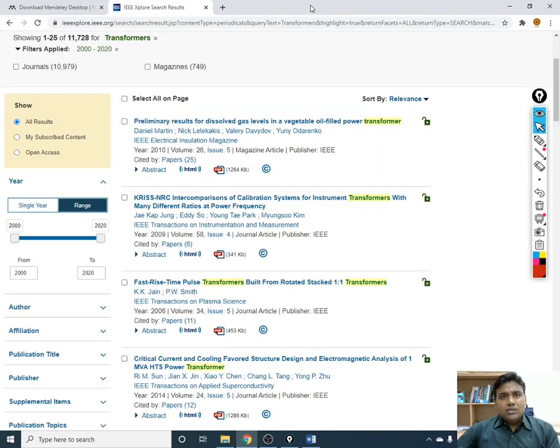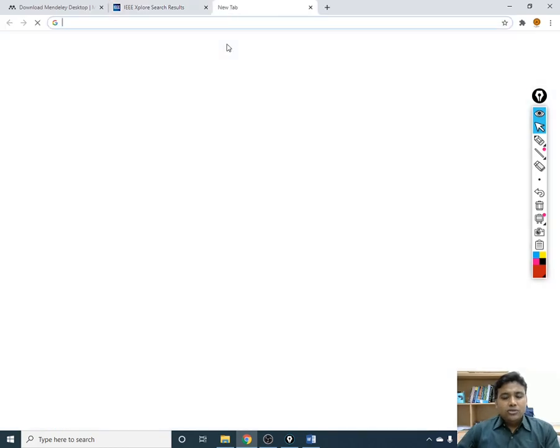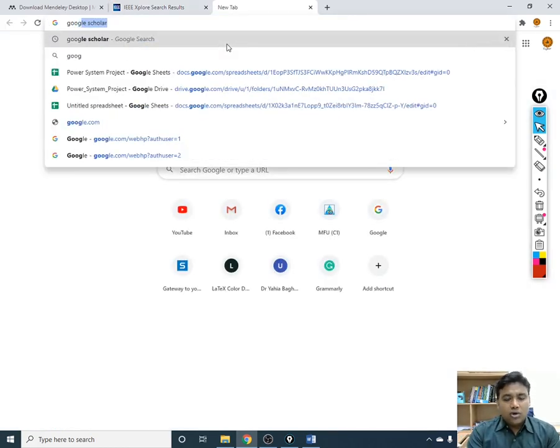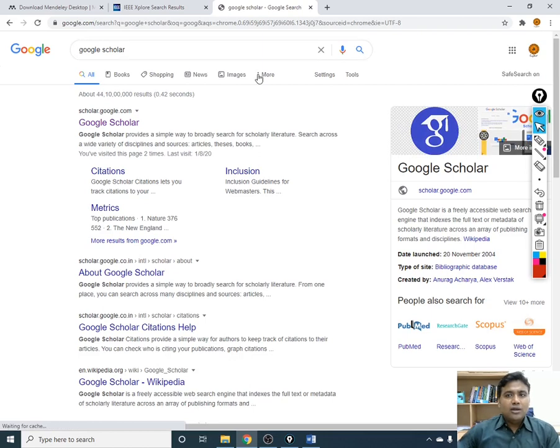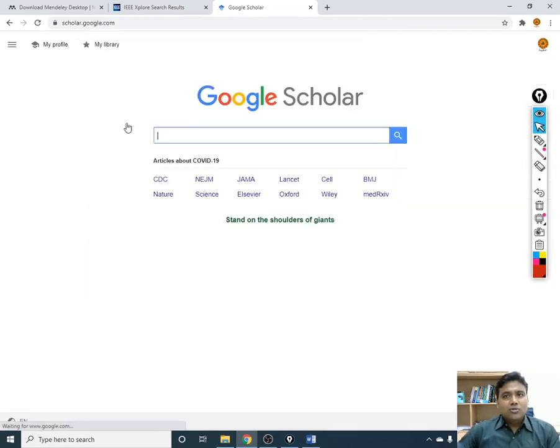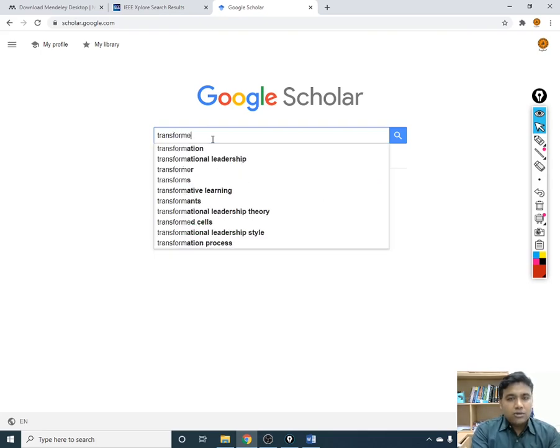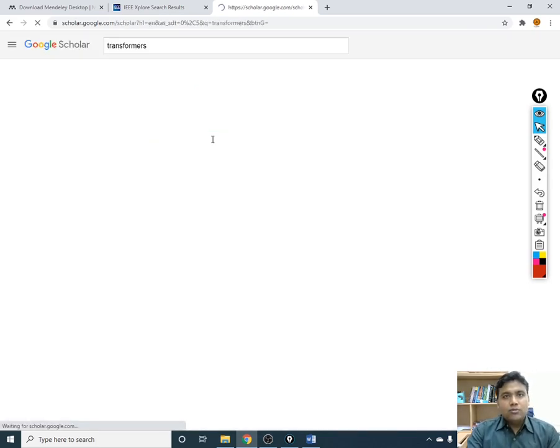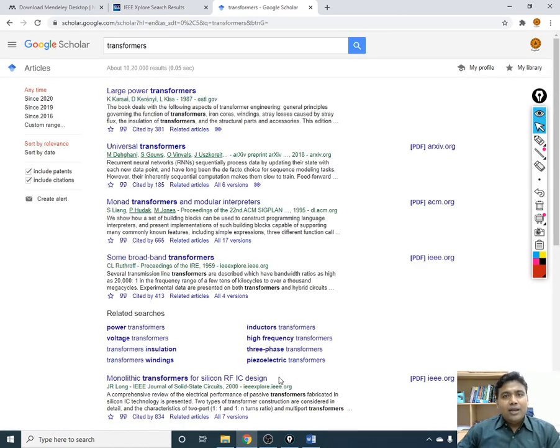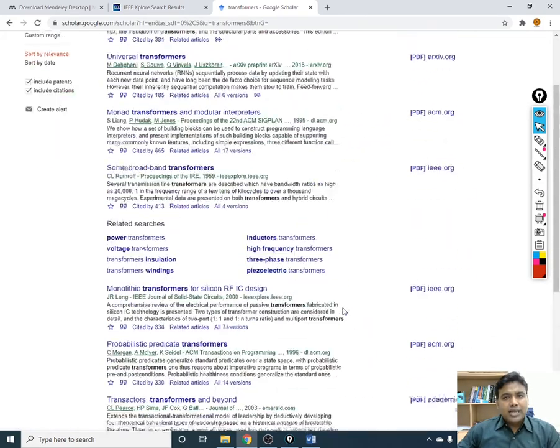Now, the second search engine that you can use is Google Scholar. Once you type Google Scholar, here also if I type transformers, then it will give me a lot of search items.